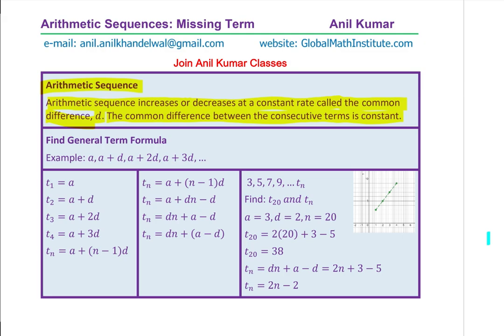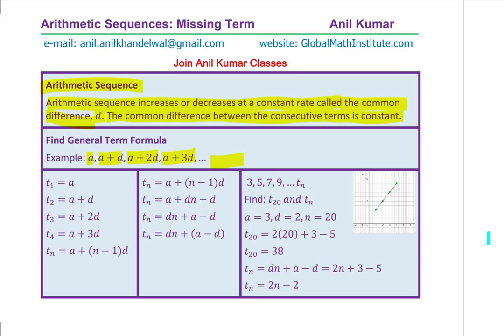If it is constant, then only it is arithmetic sequence, correct? So a general expression could be starting at A, add D each time. So in the second term, we will add 1D, in the third term 2Ds, in the fourth term 3Ds, and so on. That gives us the formula for the general term in general, correct?